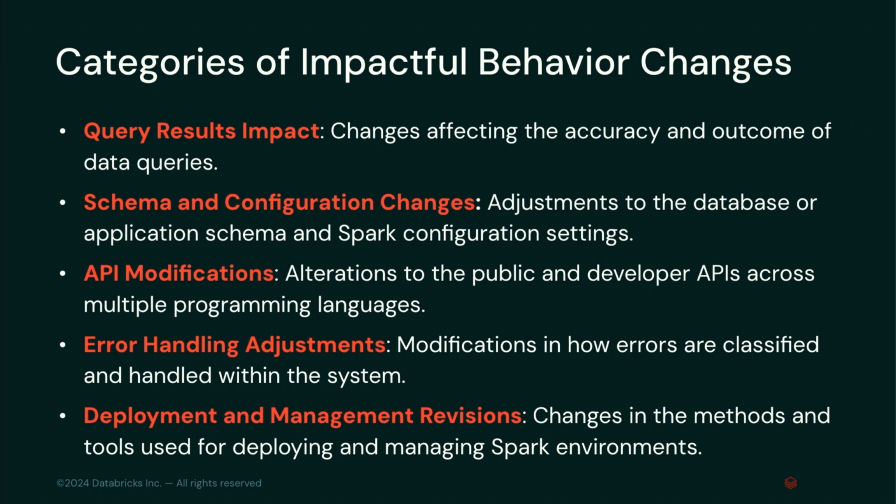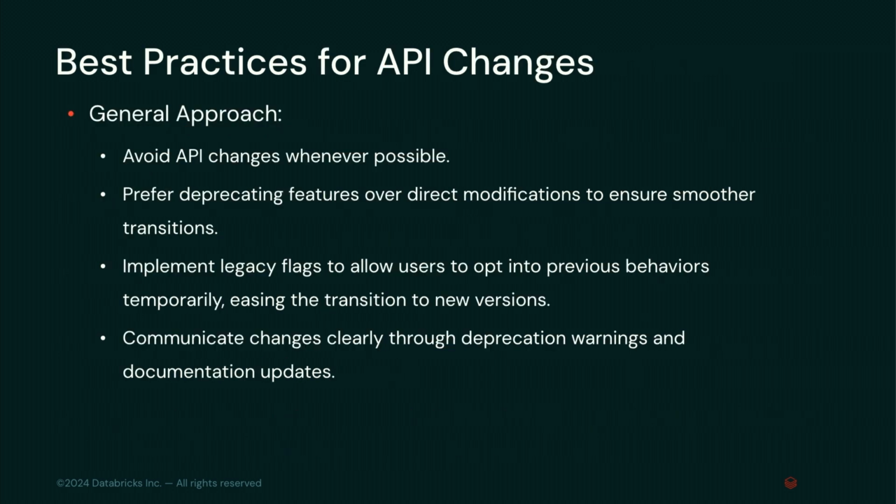So these are examples of the behavior changes we should highlight and should avoid. Communication is the key here. The general approach is to avoid API changes and prefer deprecating features instead of changing the API directly. And also adding a legacy flag, which we can use as a workaround.